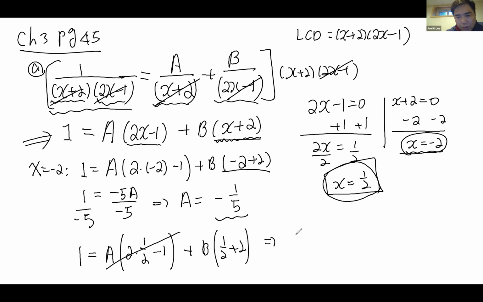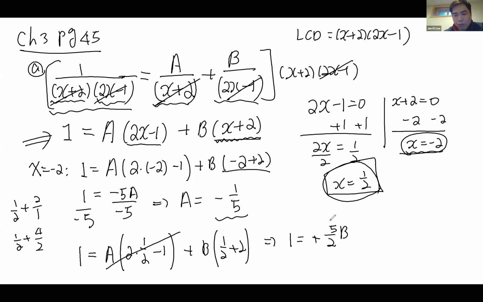So what's 1 over 2 plus 2? I can make it 1 over 2 plus 2 over 1. The LCD becomes 2, so 1 over 2 plus 4 over 2 becomes 5 over 2. So plus 5 over 2 B.